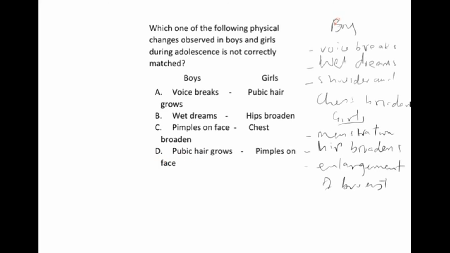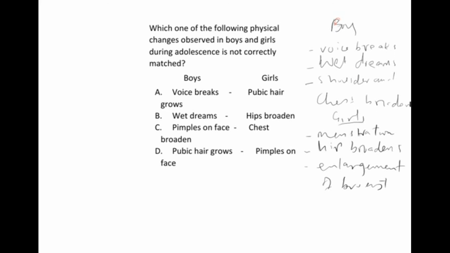Pubic hair grows is a common physical change in both boys and girls. Pubes on the face is also a common physical change in both boys and girls. So here we have B and A, whereby voice breaks and also wet dreams. So those are possible answers.